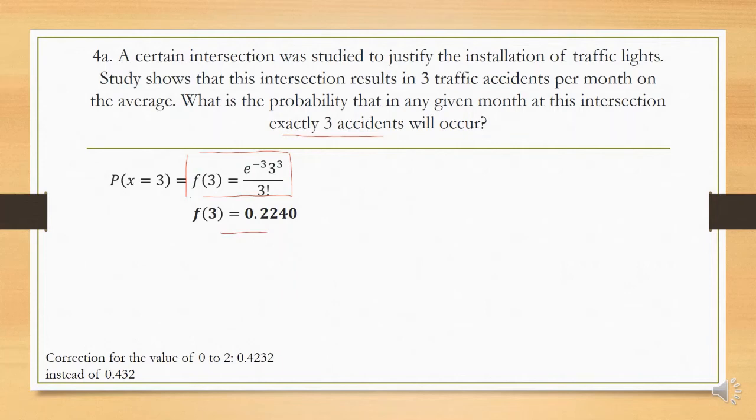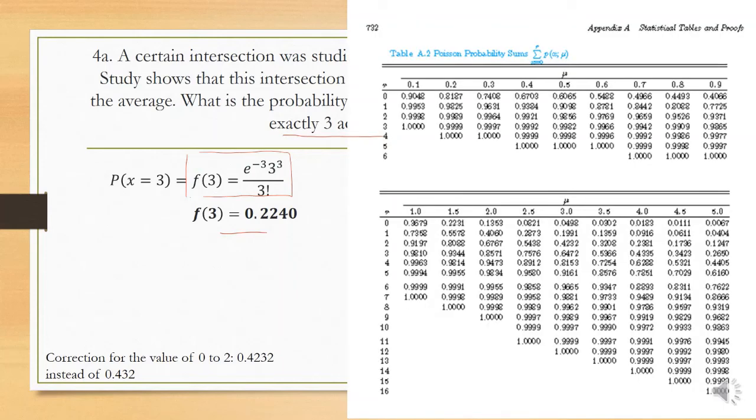Okay? Now, using the table, this is table 8.2 kay Walpole, itong librong ito, yung Poisson probability sums natin. Ang gagawin ninyo muna, hanapin nyo muna yung mu. Ang mu natin dito sa problem ay 3. So, 3 tayo, eto yon. Okay?